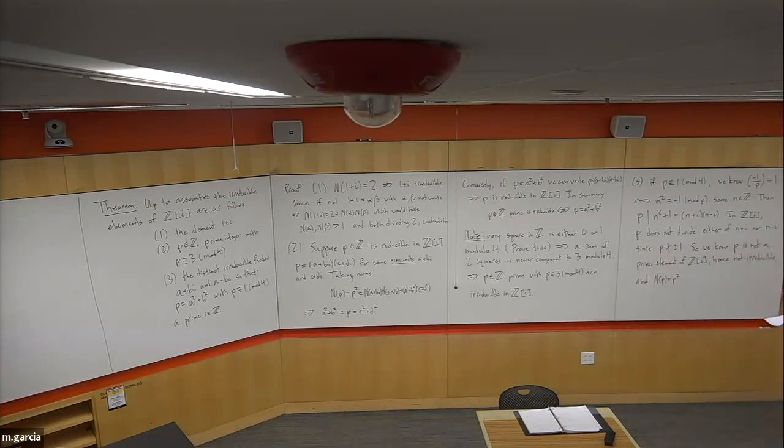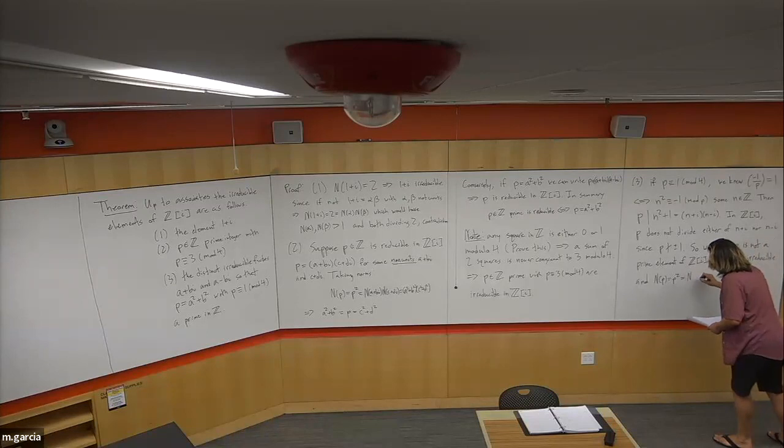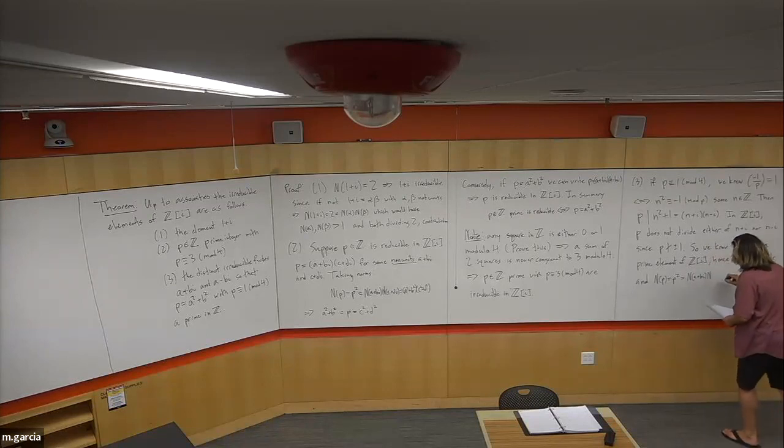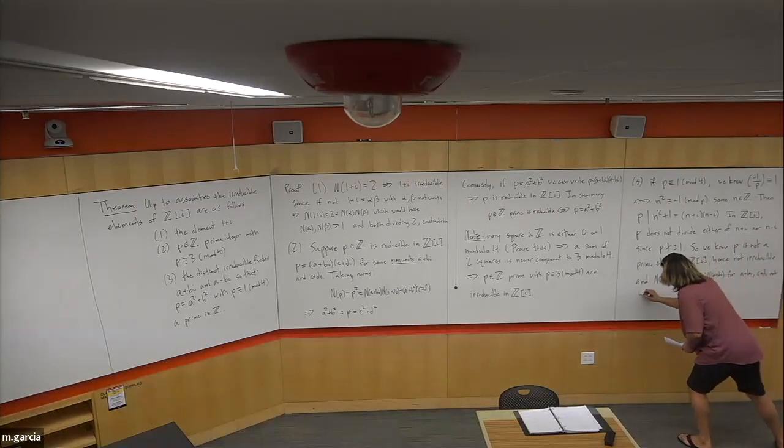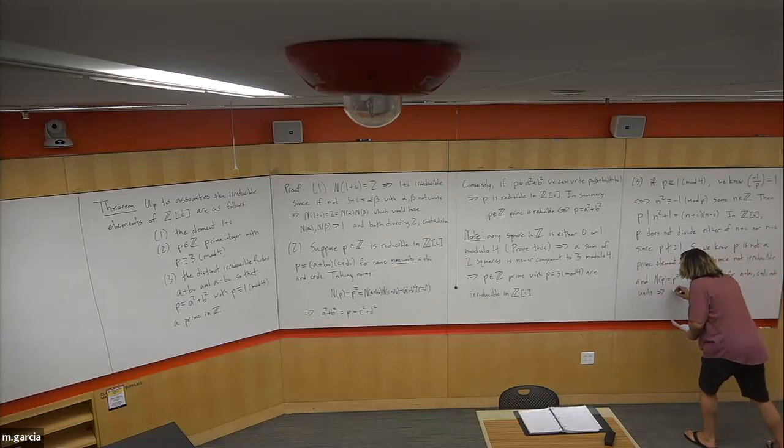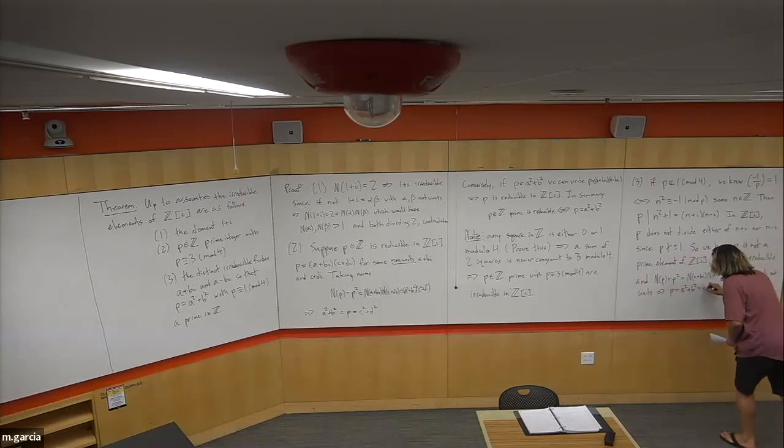For any integer that we evaluate the norm on in the Gaussian integers, the norm is equal to the norm of a plus bi times the norm of c plus di, for a plus bi and c plus di not units, which implies that, for example, P is equal to a squared plus b squared, or a plus bi times a minus bi.